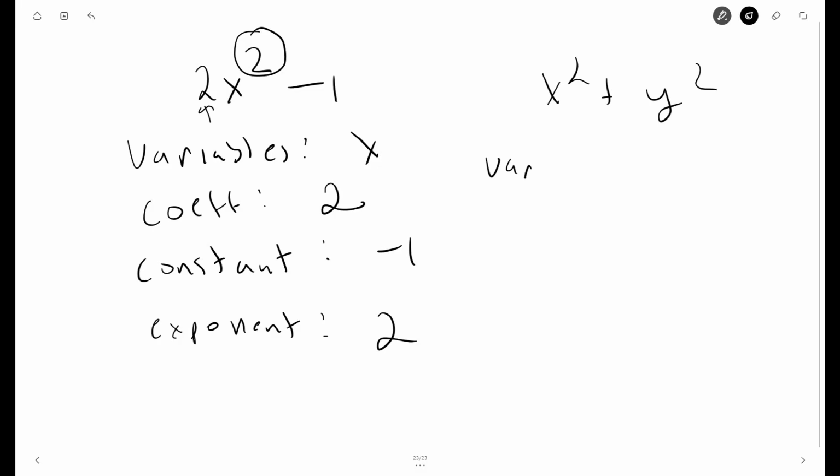So we can say the variables are: x, and the exponent is 2, and the variable is y, exponent is 2 as well.